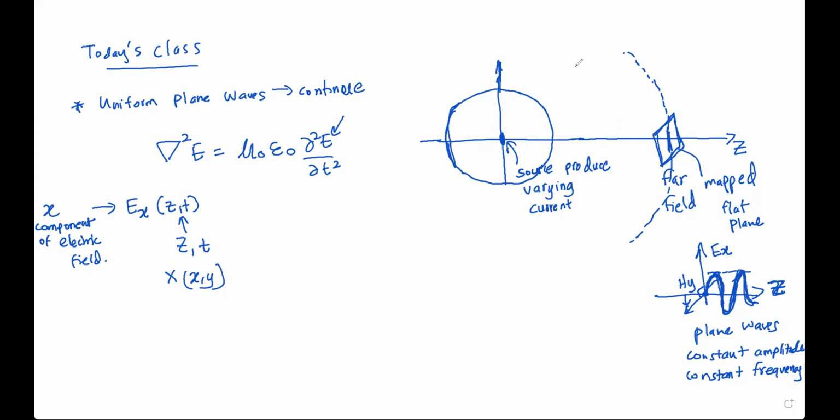What I mean is that once a wave is propagating up to this point in space, there's a plane over here. Once we study the plane, the electric and magnetic fields that are generated here do not vary along the x-axis or the y-axis. That means their magnitude, the amplitude, does not change along the x-axis or the y-axis.